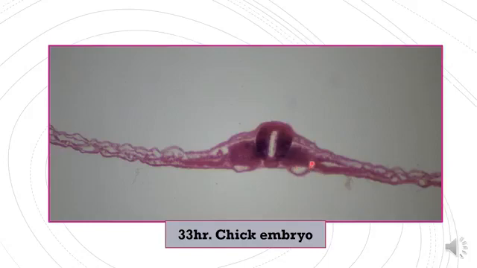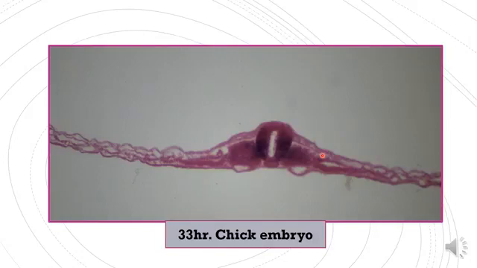Also in these sections you can see a second part of the mesoderm, the intermediate mesoderm, which later forms the kidney, and a third part, the lateral plate of the mesoderm, divided by the intraembryonic cavity into two layers.